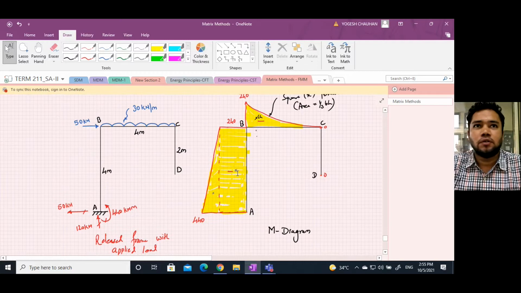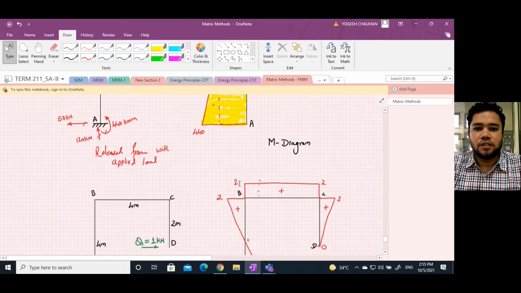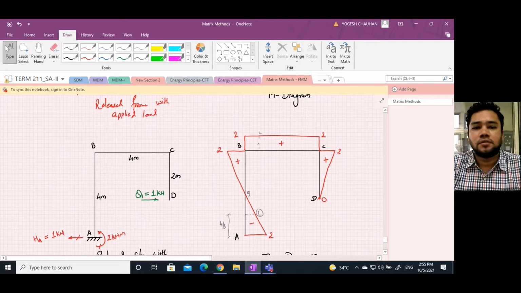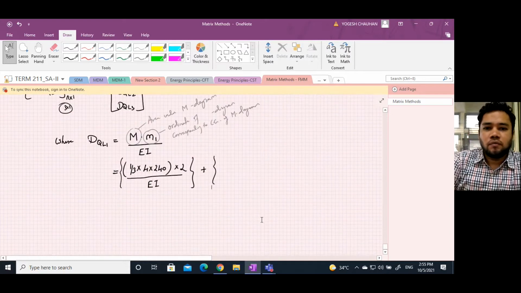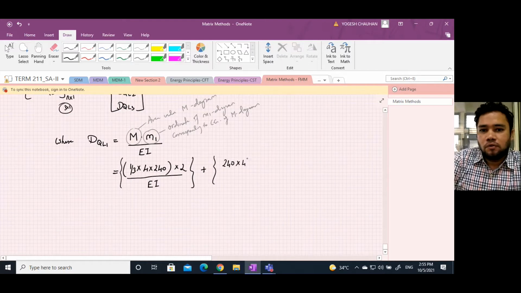So 240 into 4, and the corresponding ordinate will be 0. So 240 into 4 multiplied by 0 divided by EI.